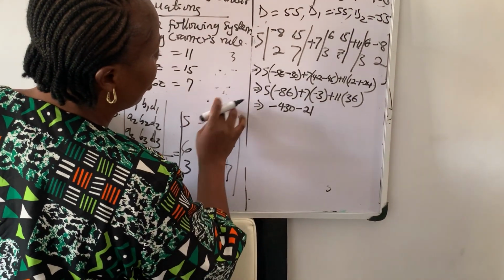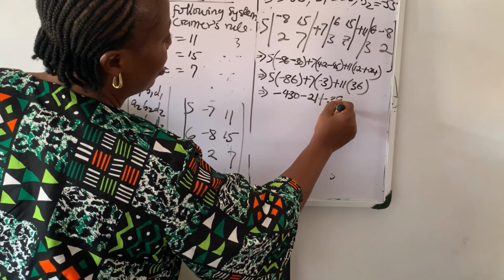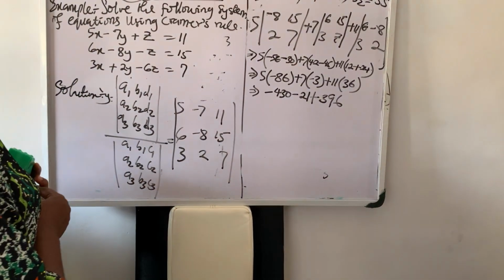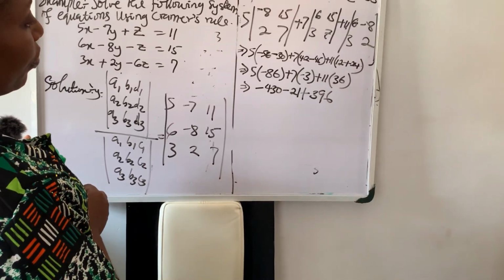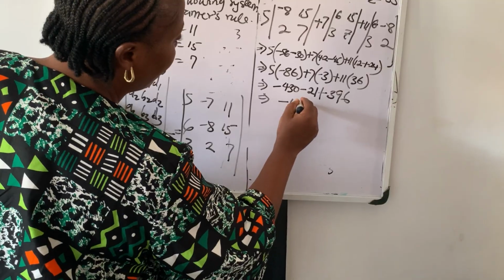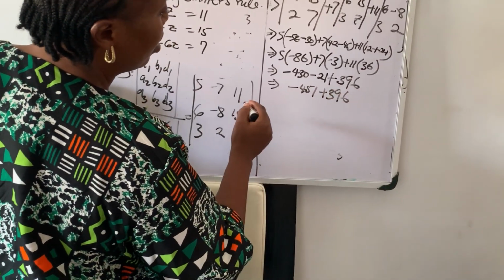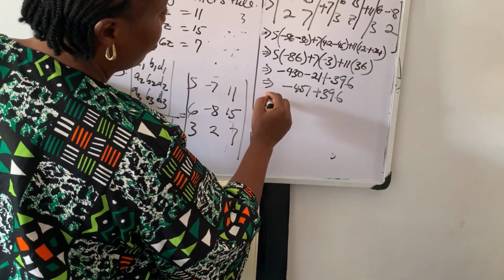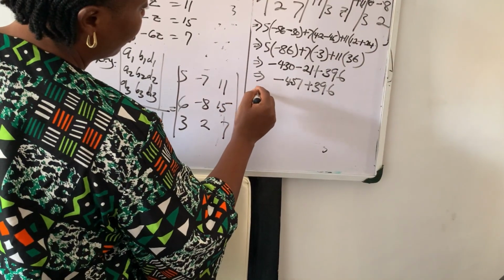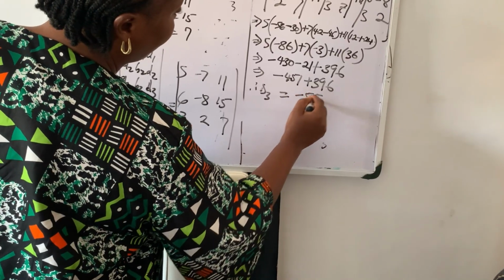Eleven times 36 will give us 396. Now, minus 430 minus 21 will give us minus 451. Then plus 396, which is minus 55. Therefore, our D3, which is Z, equal to minus 55.